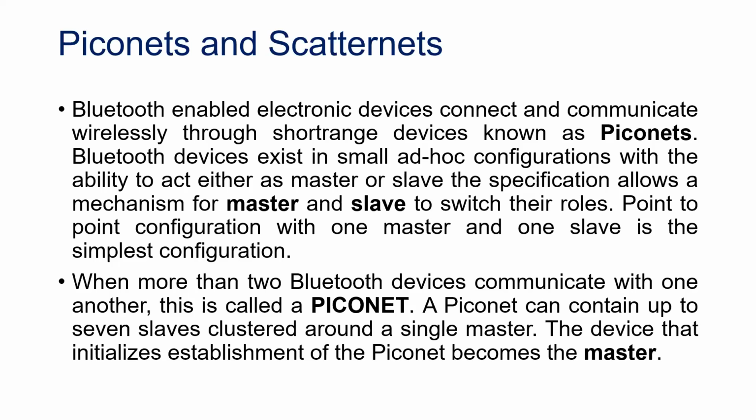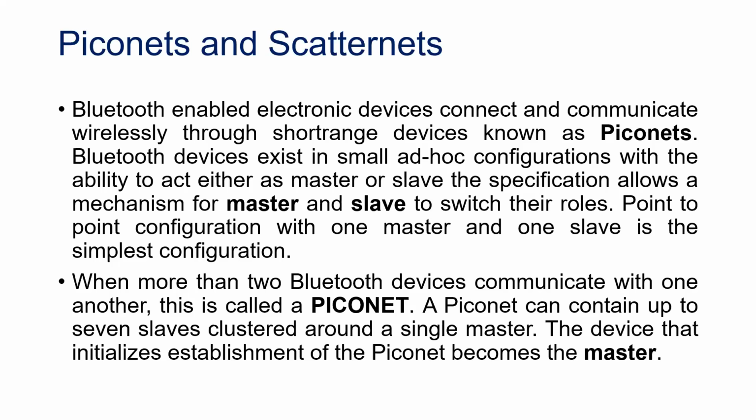In a piconet, you can connect a total of 8 devices. Out of these 8 devices, one is the master. The device which initiates the communication becomes the master, and the remaining devices are called slaves. So for one master there can be a maximum of 7 slaves. Slave to slave communication is not there, master to slave communication is there.